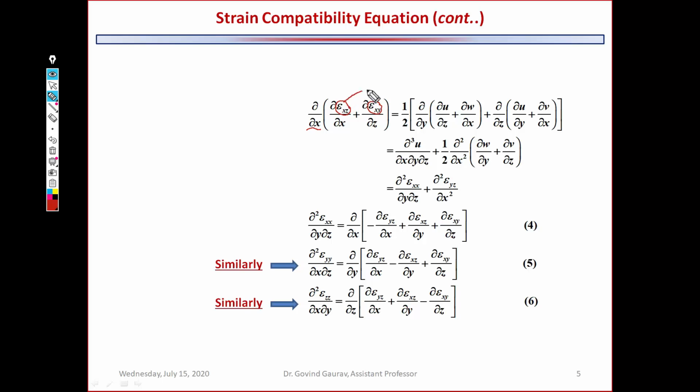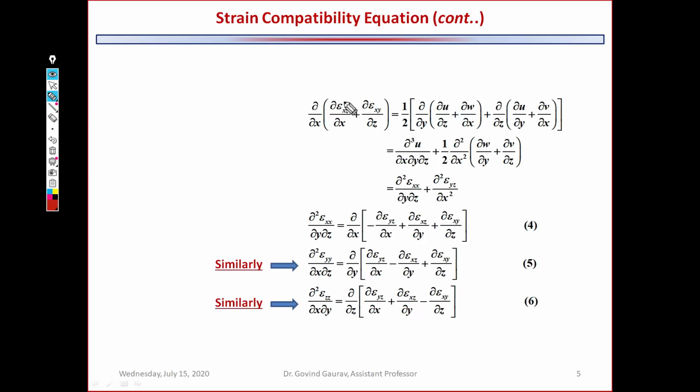So we can replace epsilon naught xz by this formulation. Epsilon naught xz is equal to 1 by 2 multiplied by the partial derivative of u with respect to z, plus we can replace epsilon naught xy by the partial derivative of u with respect to y plus the partial derivative of v with respect to x.